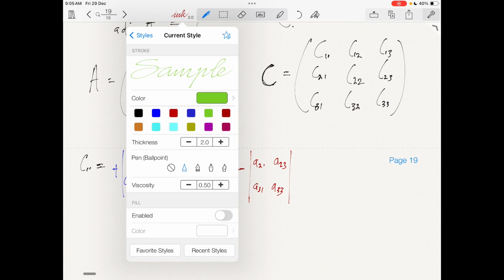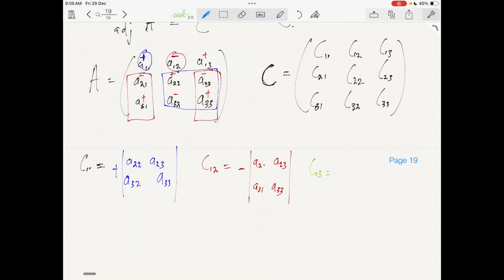Now C13 is the cofactor of A13. When we take A13, we look at the element on the horizontal and on the vertical, and we are left with A21, A22, A31, A32. You can see that the sign on it is positive.